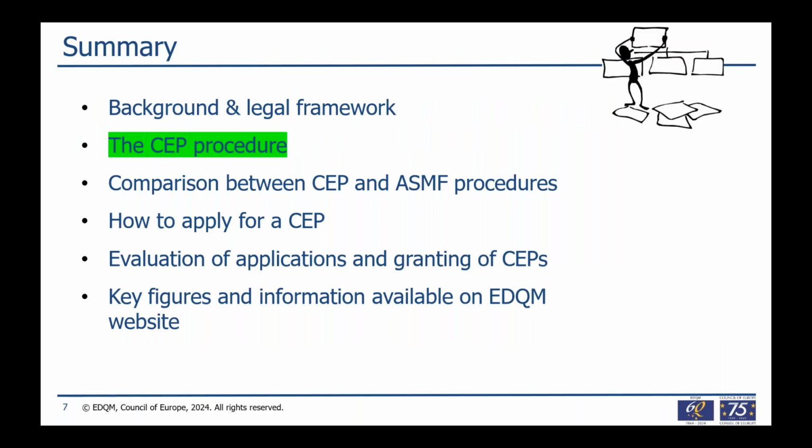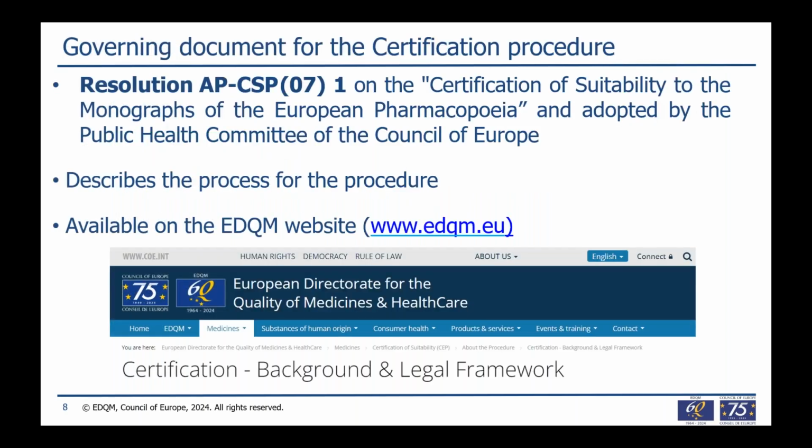Now we are going to enter more into the details of the CEP procedure itself. So the governing document for the certification procedure and its general process is described in this resolution document, which you can readily access on the EDQM website as shown on the slide.